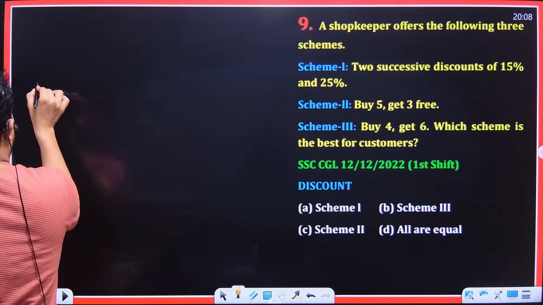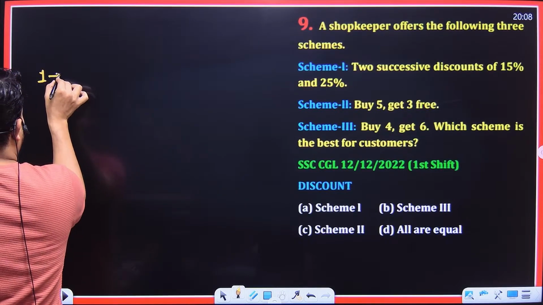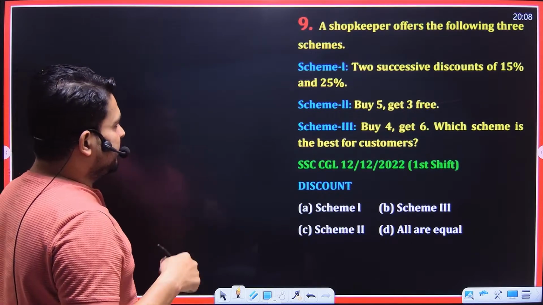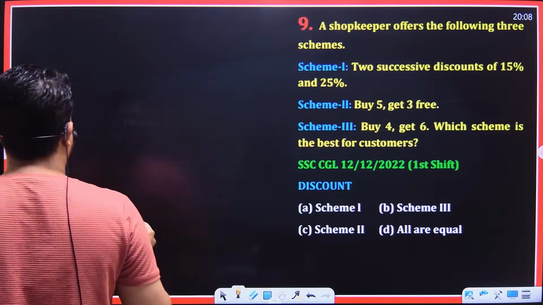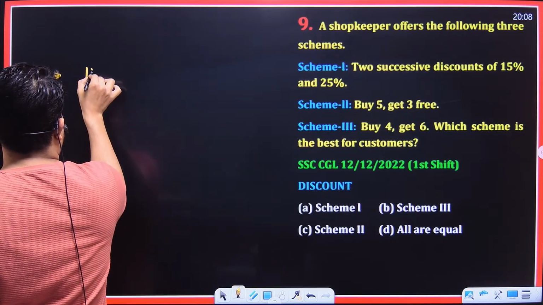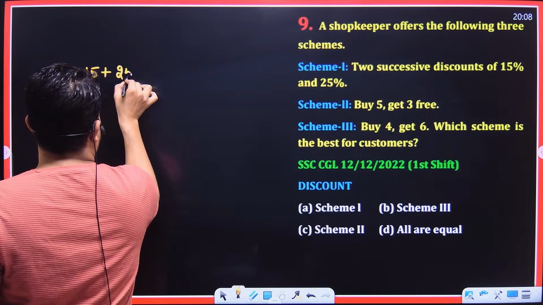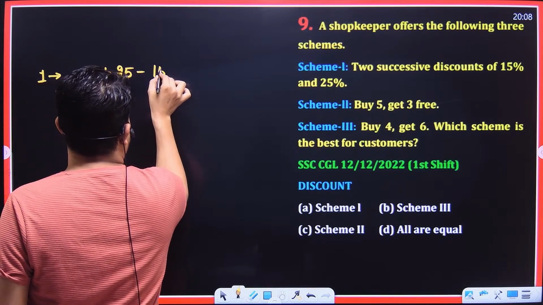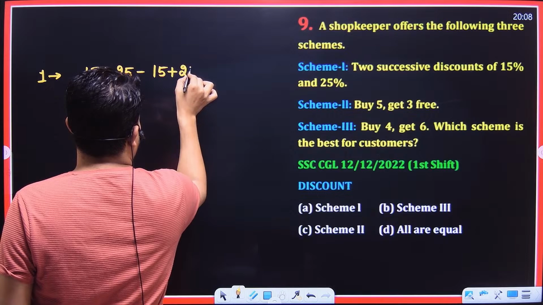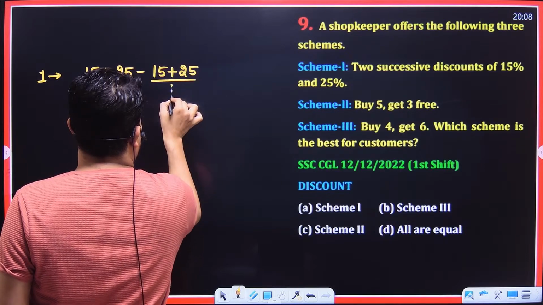If I think for scheme first, then 15% and 25%. Two successive discounts can be solved by 15 plus 25 minus, this one is the effective discount of these discounts, upon 100.